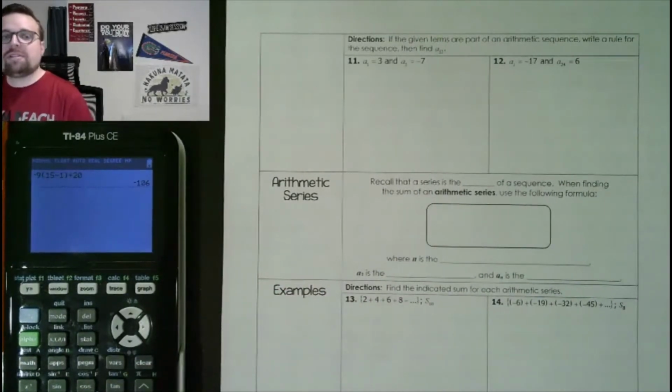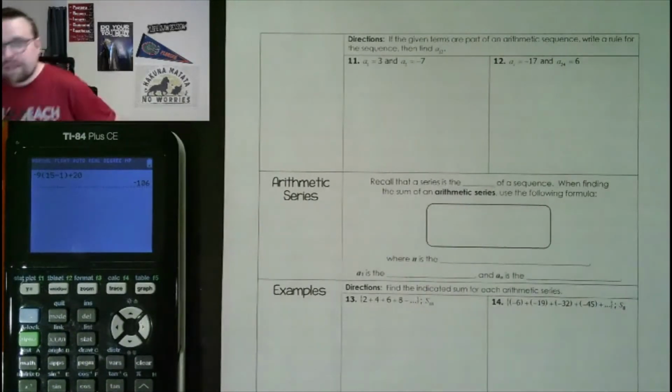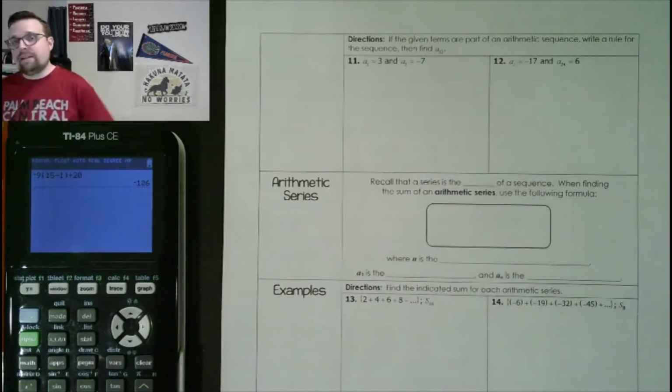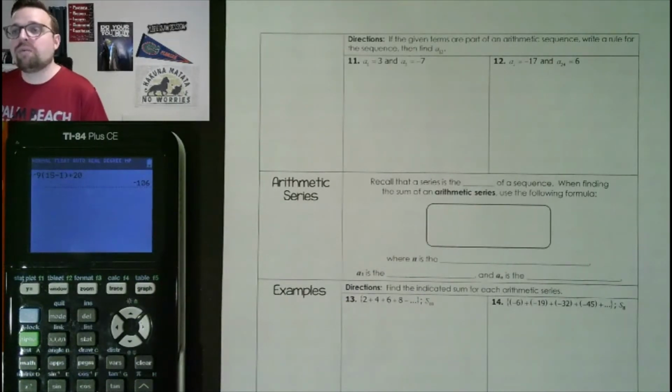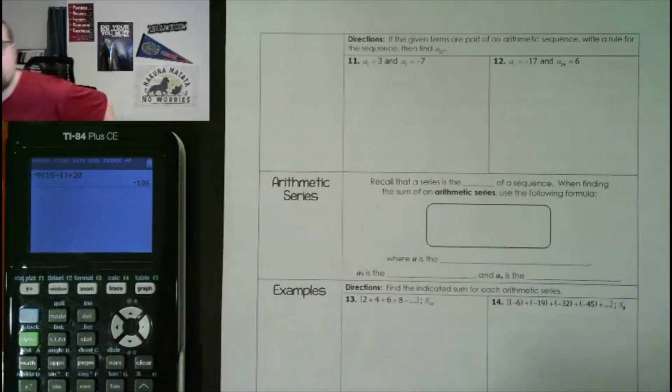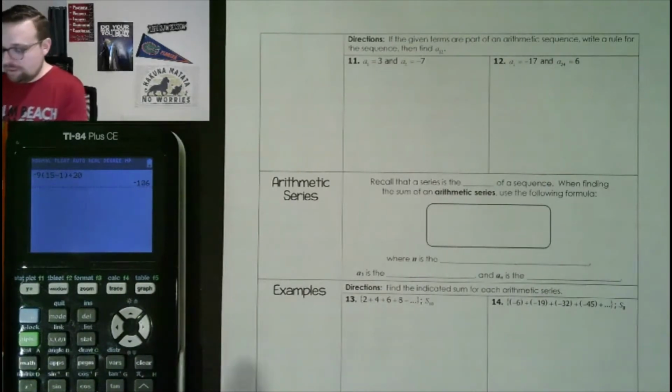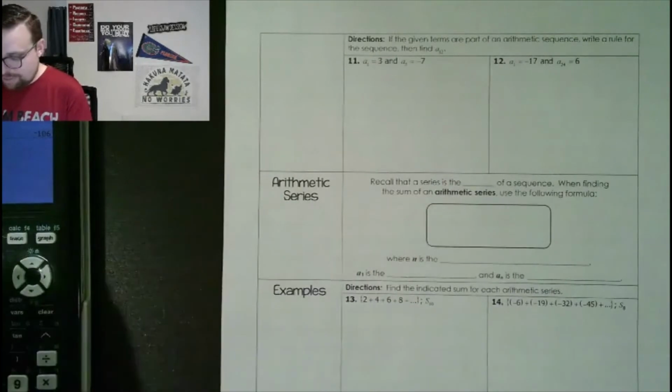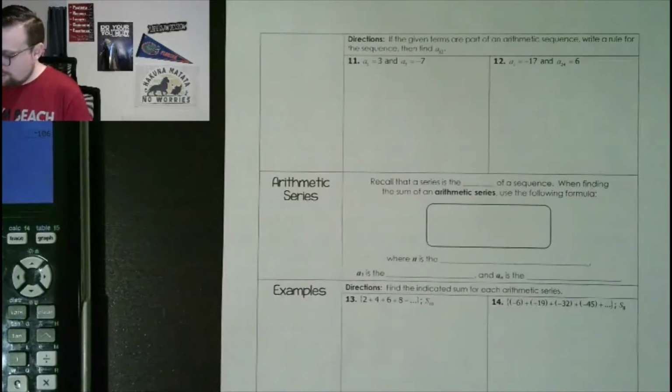The directions say that if the given terms are part of an arithmetic sequence, so they're telling you it is an arithmetic sequence, there's going to be a common difference. Then you're going to write the rule for that sequence and find the 12th term, okay? So let's do a little bit of reverse engineering here.